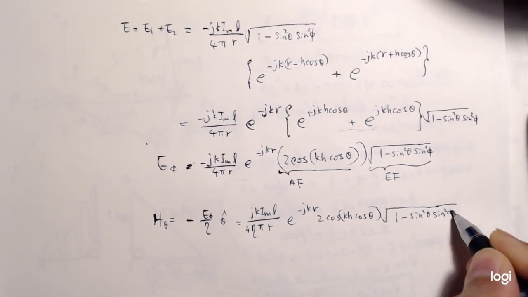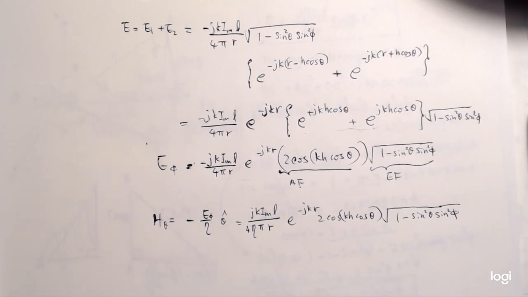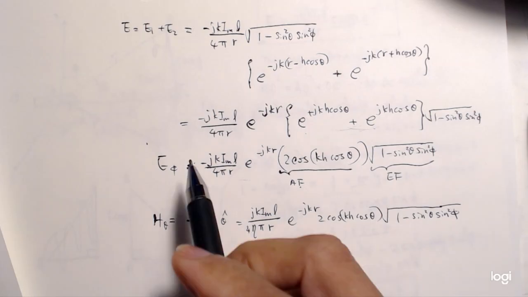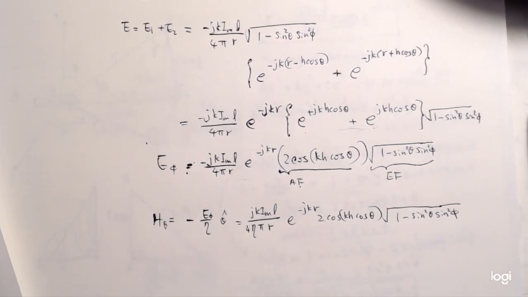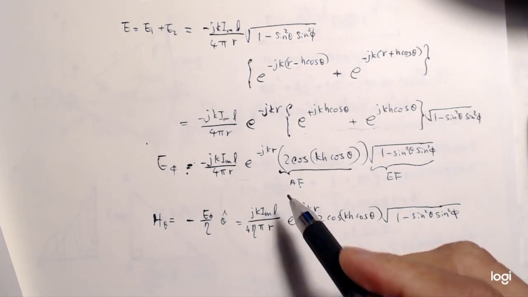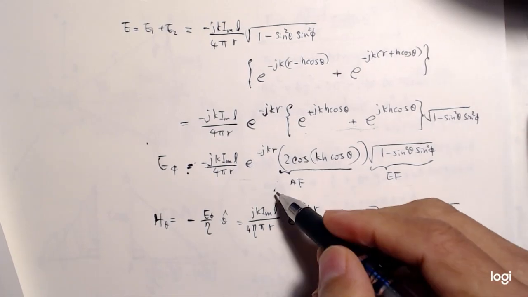So this is what you expect to get, right? The electric field and the magnetic field is given, and if you want to find the normalized value, this is the normalized value.